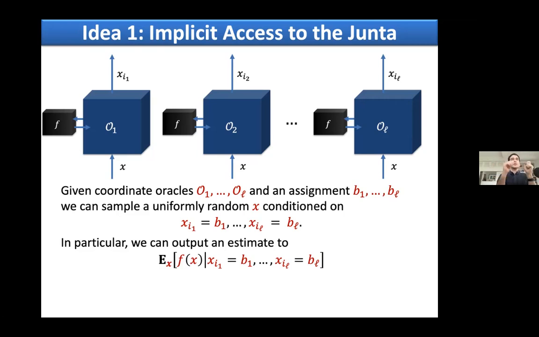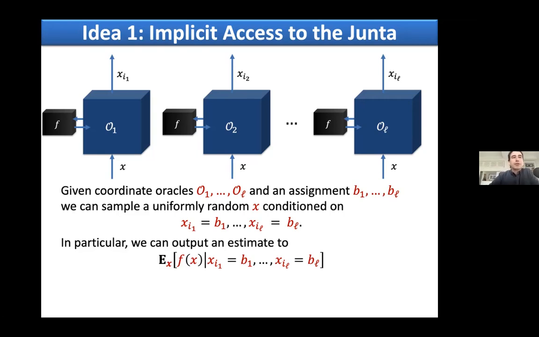So what if I want to specify values to these L coordinates, and get an input X that is consistent with these values, and otherwise is completely uniformly random? The vector X is on n bits, and I want to specify L coordinates out of it, fix them to these values, and everything else I want to be completely random.